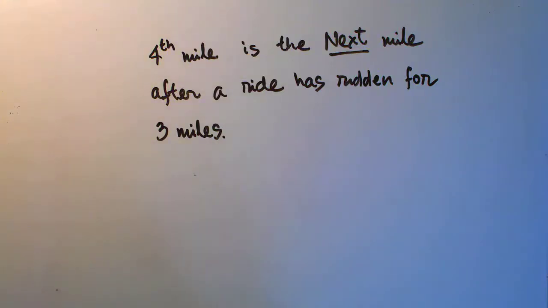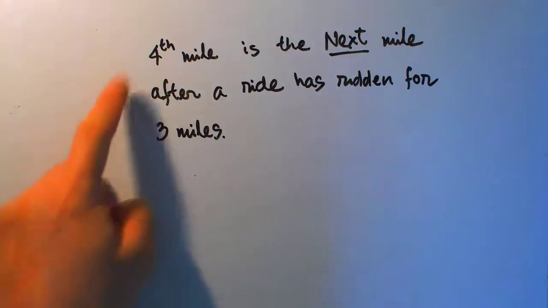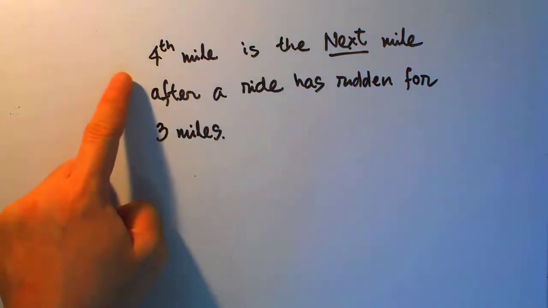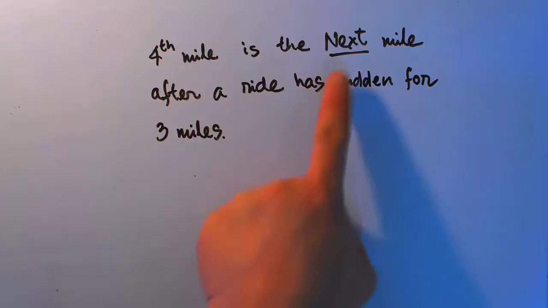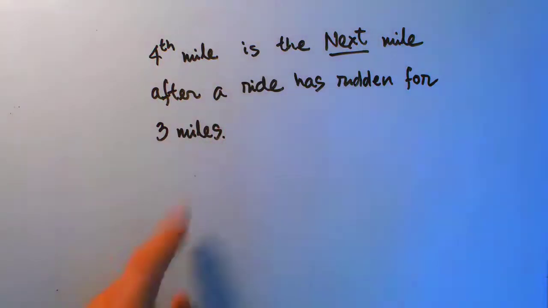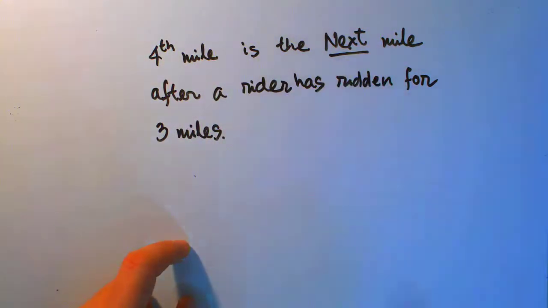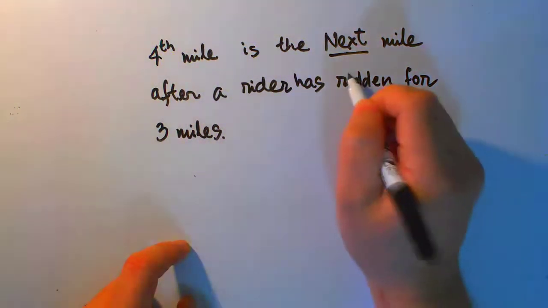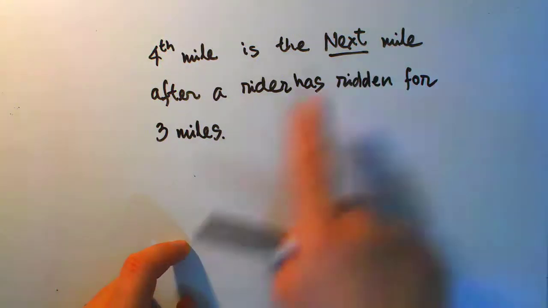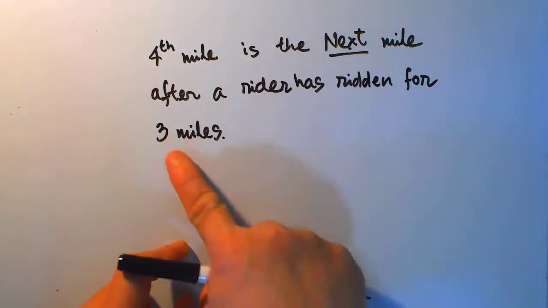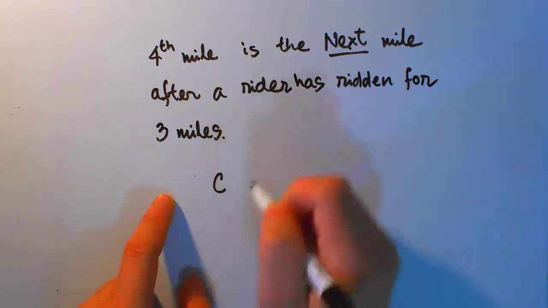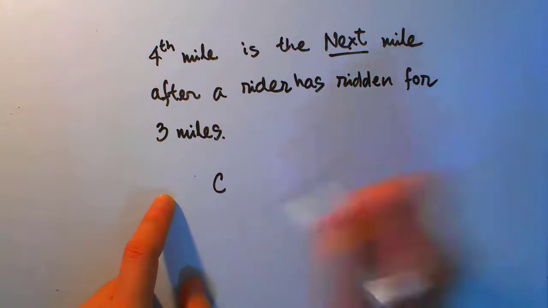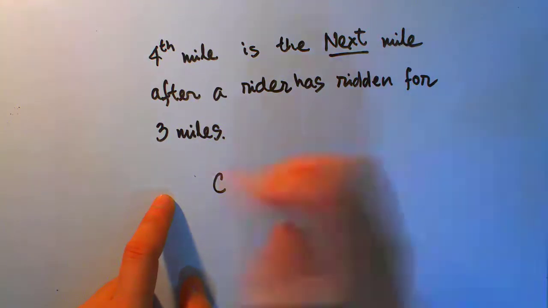And so take a moment to think of what I'm writing here, to think of what I'm explaining here. The 4th mile, find the cost of the 4th mile, but the 4th mile in this problem is the next mile after a rider has ridden for 3 miles. So that means that after anyone has ridden for 3 miles, then the next mile truly is just 1 mile additional after 3 miles.